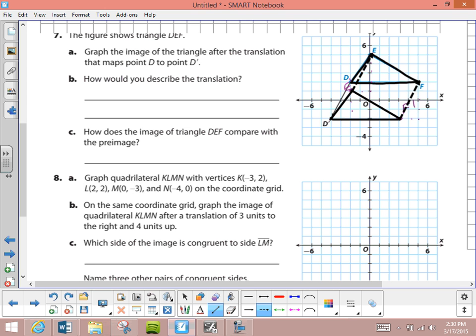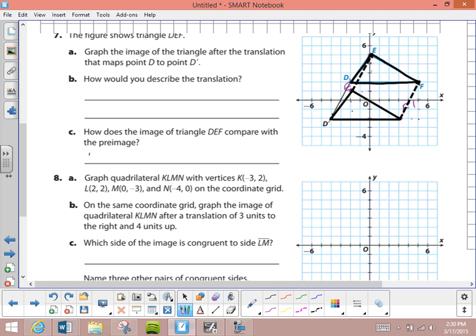Also notice that, how does it compare the image to the pre-image? Similar or congruent? They can be both, I guess. Congruent, right?